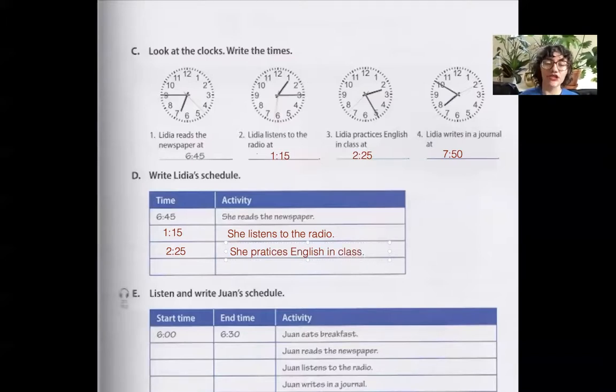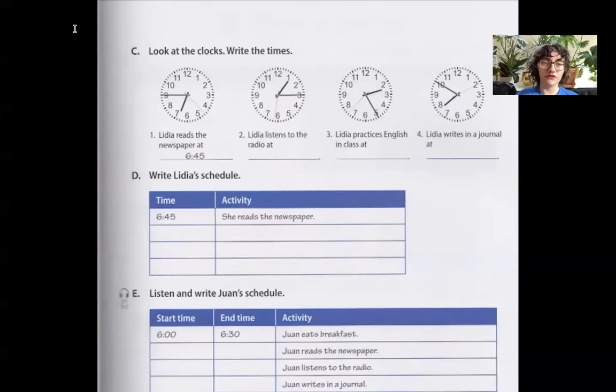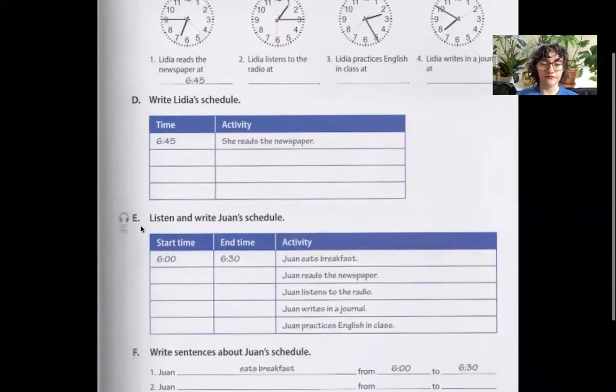So we don't need to say she practices English in class at, unless we're saying the time, right? Together. Now let's do 7:50. 7:50. Lydia writes in a journal. So we're going to write that. Lydia writes in a journal. Okay, so there's the schedule. Okay, so that's our schedule. And this one's a listening activity.